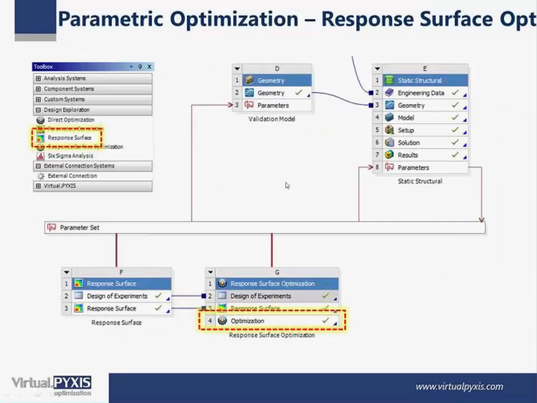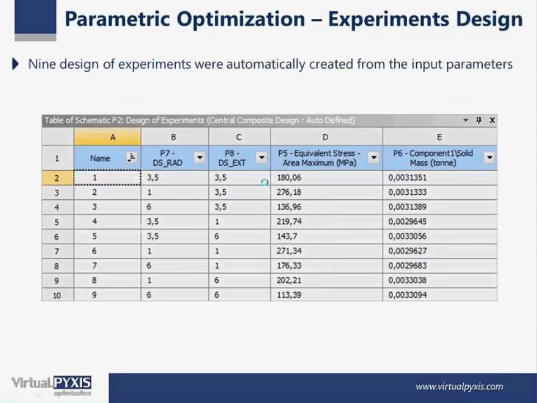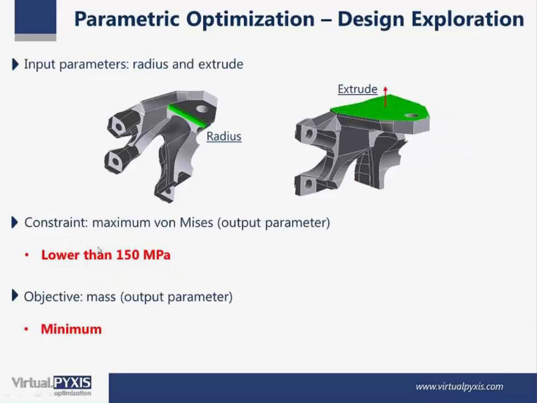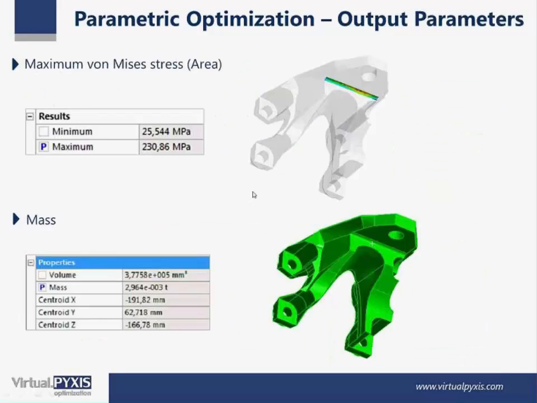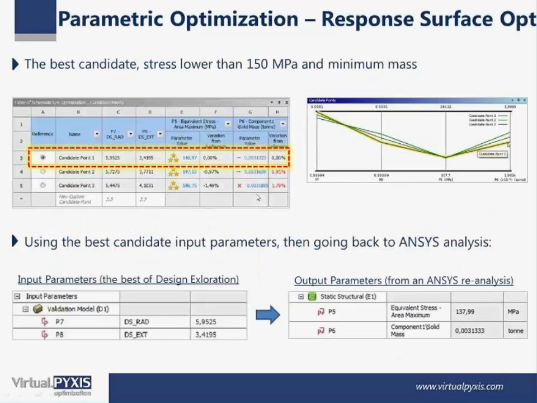so the software, after that, you take this surface and you give the software exactly this condition. After the surface, you tell the software, I want to have lower than 150 for stress and a minimal mass. After this procedure, it shows you the best candidates.